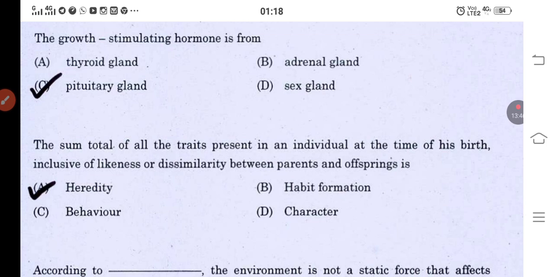The sum total of all the traits present in an individual at the time of his birth, inclusive of likeliness or dissimilarity between parents and offsprings, is. So over here we should know the term.